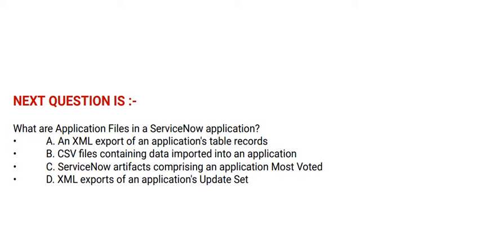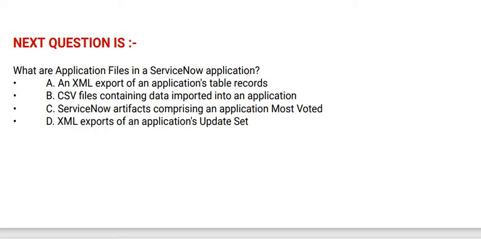Option C. ServiceNow artifacts comprising an application. Most voted. And option D. XML exports of an application's update set. And the correct answer is option C.